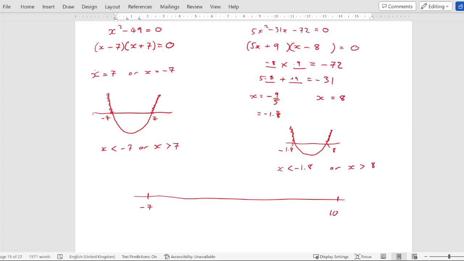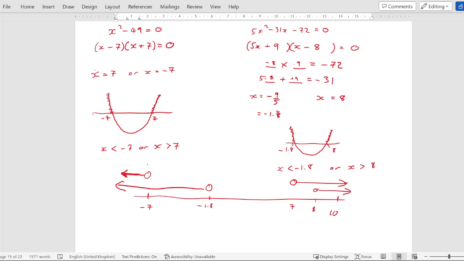I want where x is less than minus 7, so that would be that section there, and when x is greater than 7, that section there. Or when x is less than minus 1.8, that section there, or where x is greater than 8, that part there. So which satisfies both would be where we've got a double line.